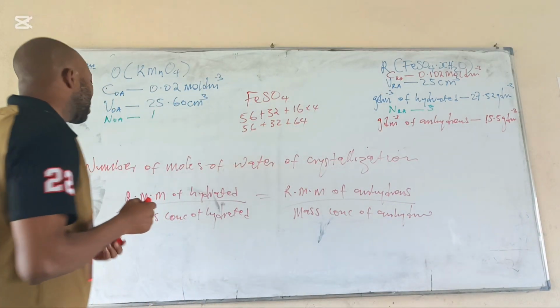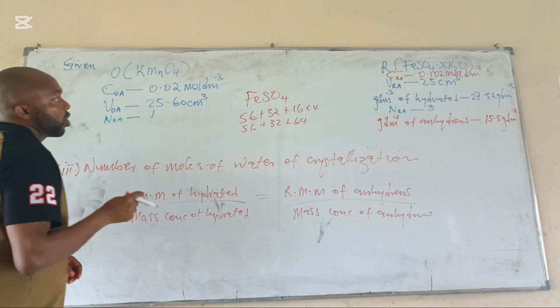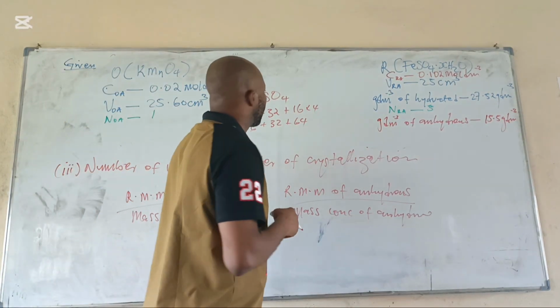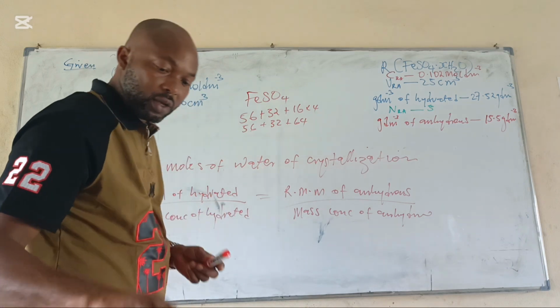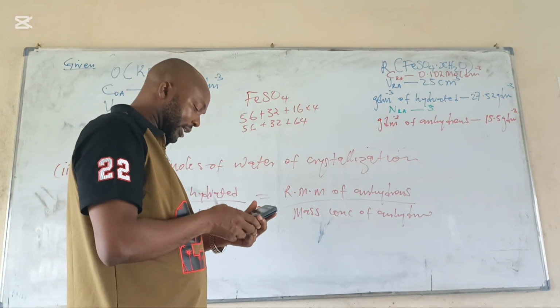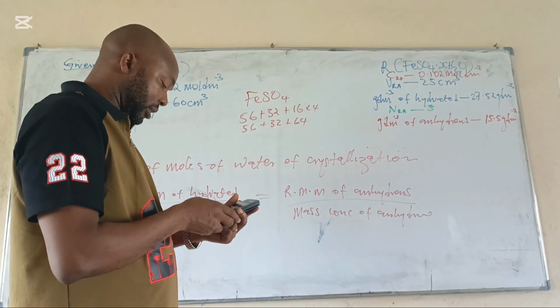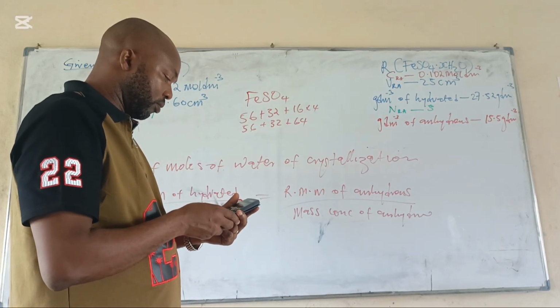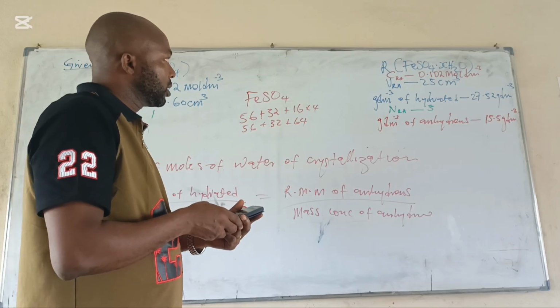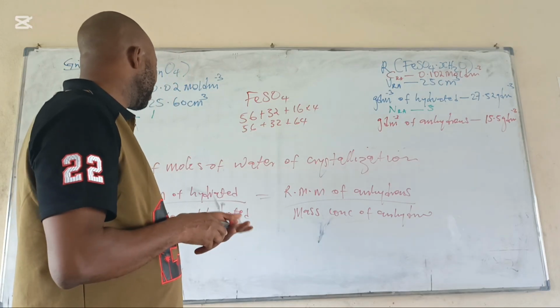Now, the relative molecular mass of hydrated is 152. I think that was what we did. Let me check that out. I say 56 plus 32 plus 64 is 152.